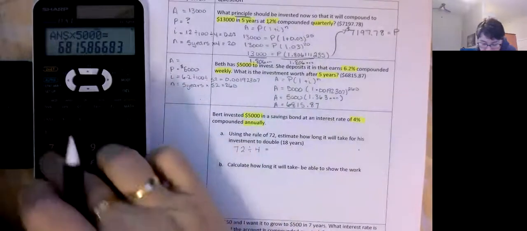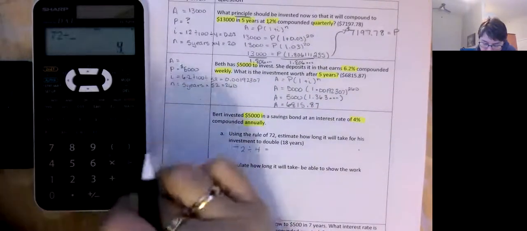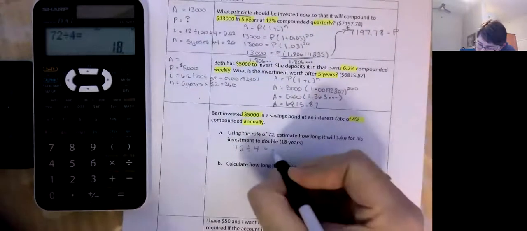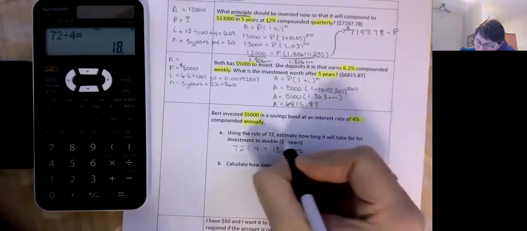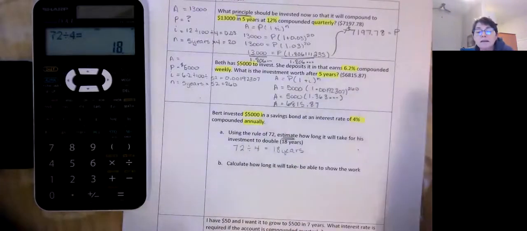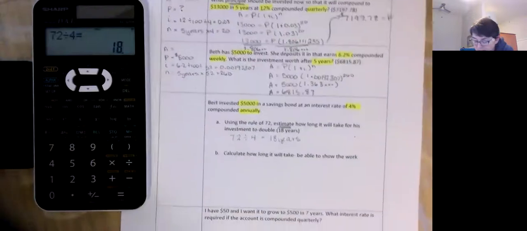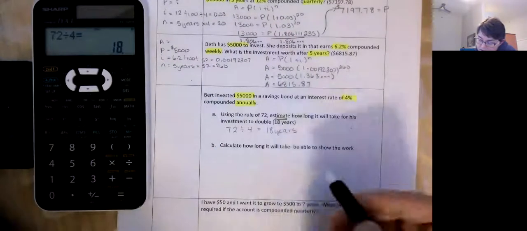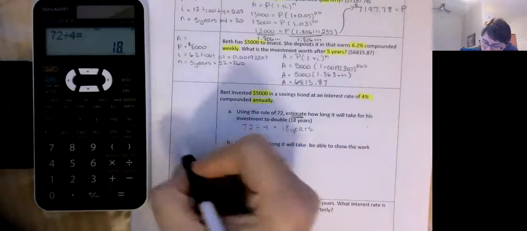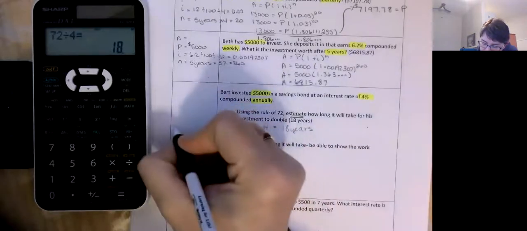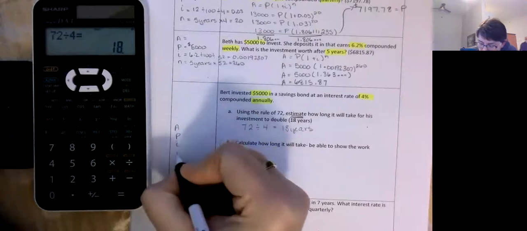And that's all you do. 72 divided by 4, and I'm thinking it's 18, just like it says, 18 years. But the key is estimate. Okay, how long will it take? And we need to be able to show the work. So A, P, I, N.